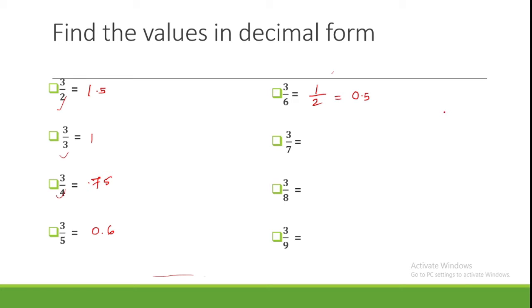Now, 3 by 7. Just do the division and quickly tell me what will be 3 by 7. Let us find it up to 3 decimal points.